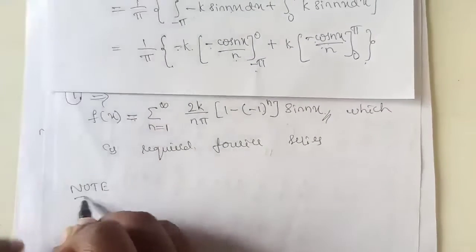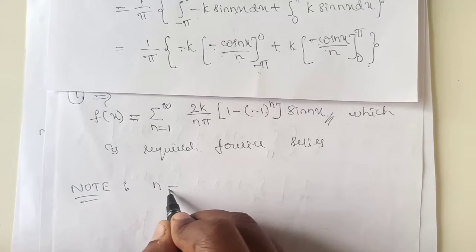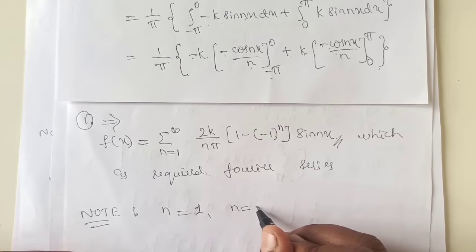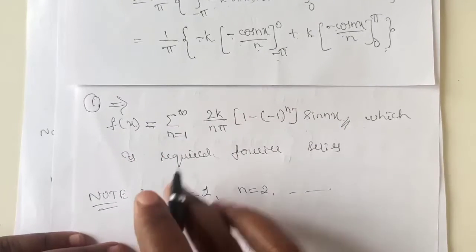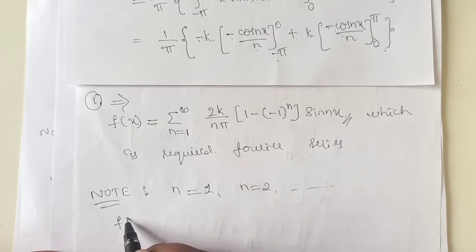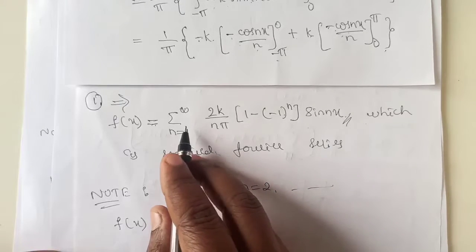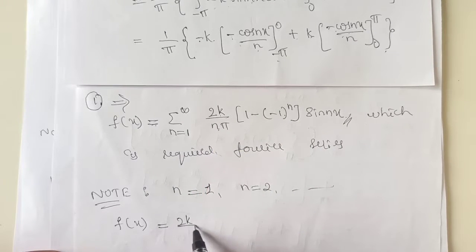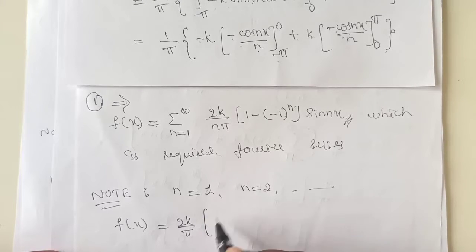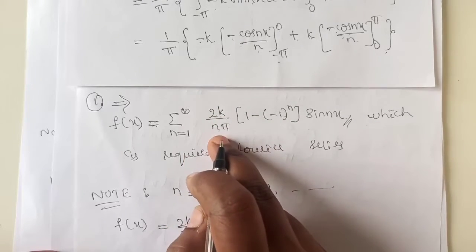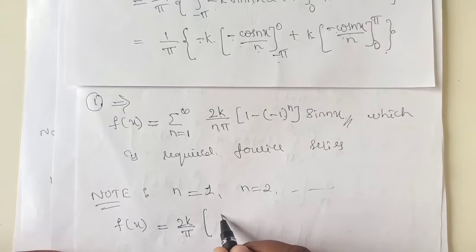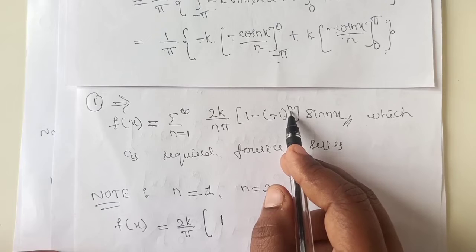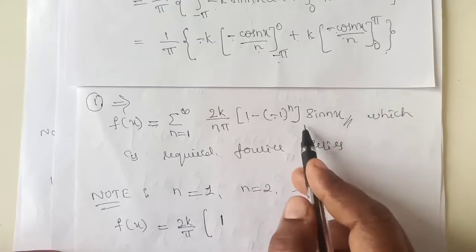Note, suppose if you substitute n values here, it is n equals 1, n equals 2 and so on, we get f of x is equal to, so substituting n values we get 2k by pi is constant, 2k by pi, so 1 by n means it is 1 by 1, 1 minus even power, for even power we get 0 here.